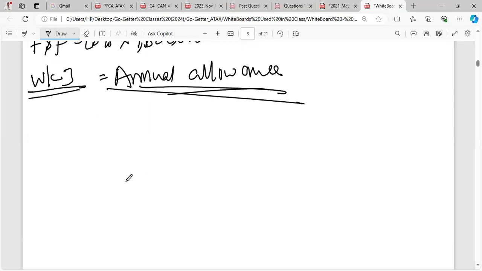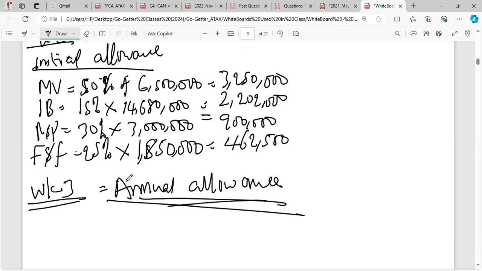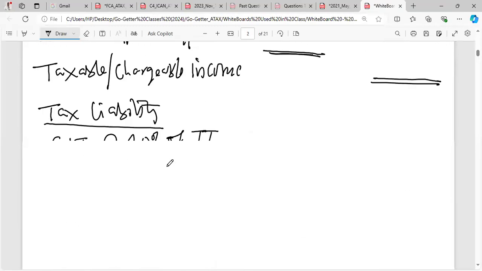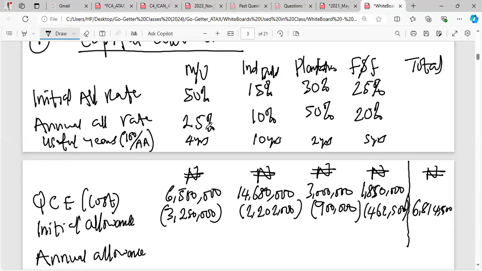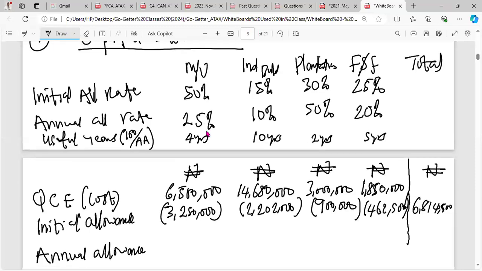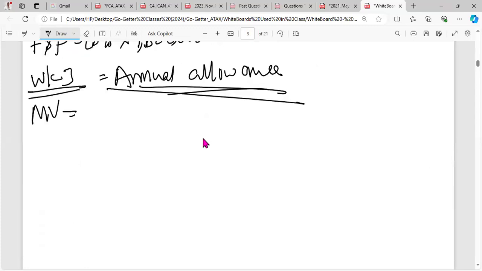All right, so the first one is for motor vehicle. For motor vehicle, your annual allowance is 25% over 4 years. There are two ways we can do it. Let me give the formula first.